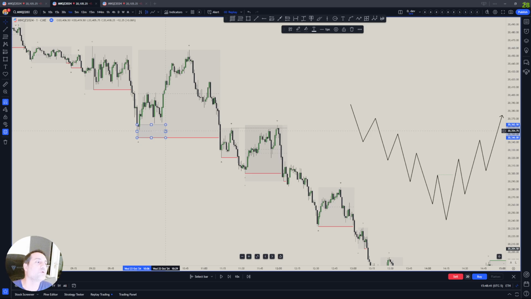And then what this identifies is a point in the market that will identify a continuation. So when price closes below this line, we will say that the market is continuing the trend.